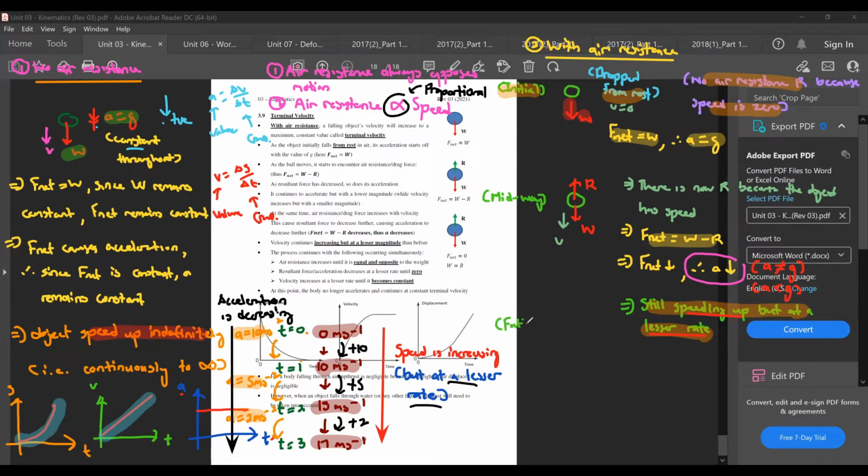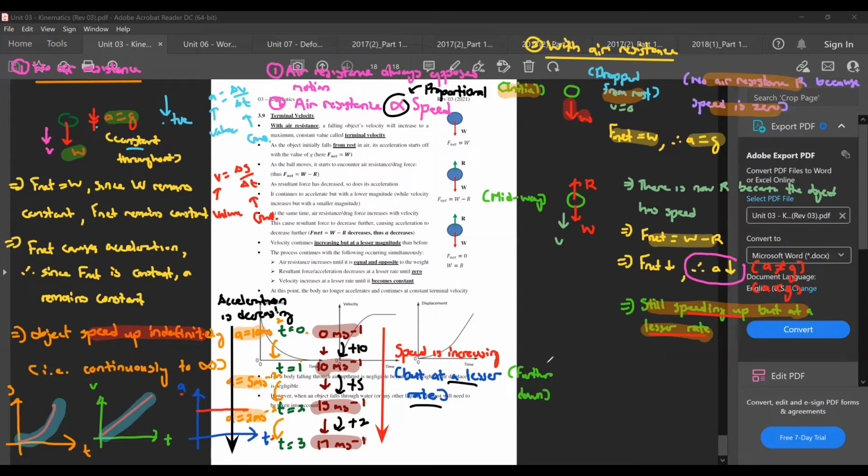Okay, so next part of the motion. Let's just say you are further midway, further down. Again, I still have my object, where I have my weight W and my air resistance. Maybe I need to draw it a bit further down because it's blocking the diagram.